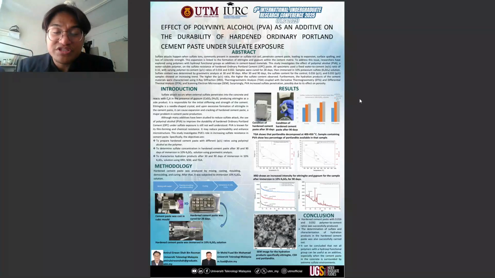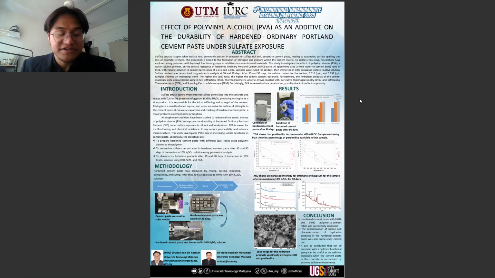If we reduce the permeability, less sulfate or any other ions can penetrate into the concrete. So in this study, we want to investigate PVA's role in increasing sulfate resistance in cement paste.